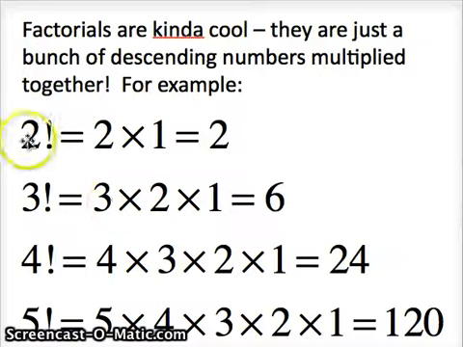So for instance, 2 factorial is just 2 times 1. 3 factorial is 3 times 2 times 1. 4 factorial is 4 times 3 times 2 times 1. 5 factorial is 5 times 4 times 3 times 2 times 1, and it just goes like that forever. If you had 100 factorial, it would be 100 times 99 times 98 times 97, all the way down to 1. So as you can see, the numbers get pretty big pretty quickly. But that's all it means when you have a factorial with that exclamation mark.